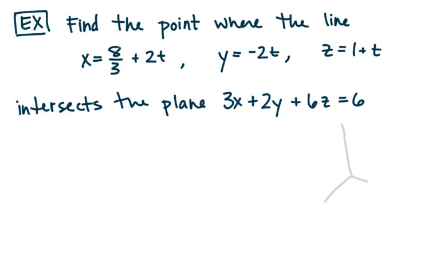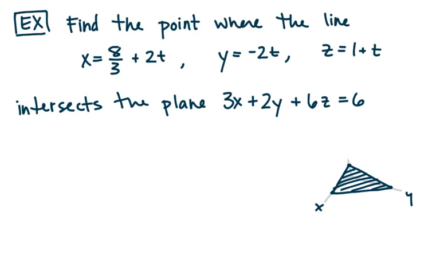This was the plane passing through the points where z equals 1, x equals 2, and y equals 3. So it's this triangular plane here. X, Y, Z. We always use a right-hand coordinate system.